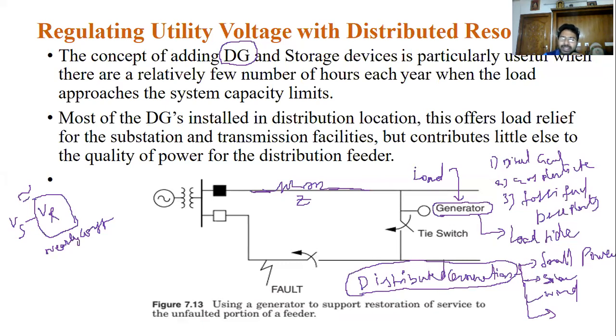Now in this case, to improve the voltage regulation in the 1930s, we improved it using only generators, not renewable energy sources. We used fossil fuel sources, gas stations, or small diesel generator sets to improve the voltage regulation.